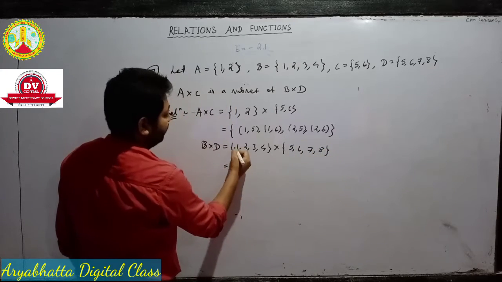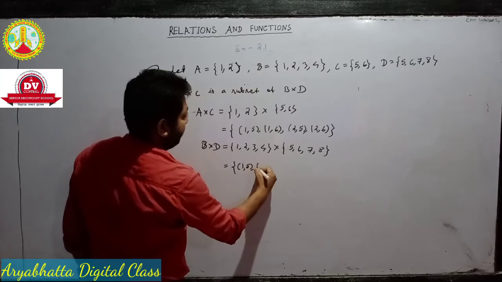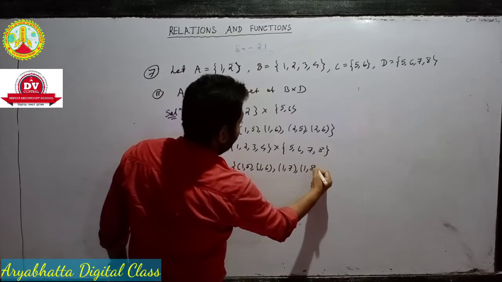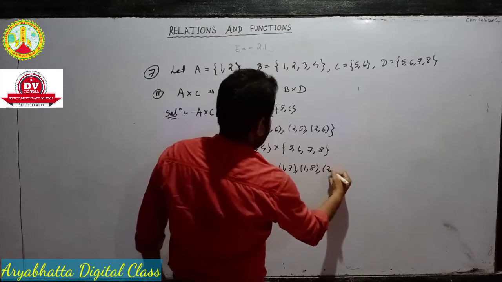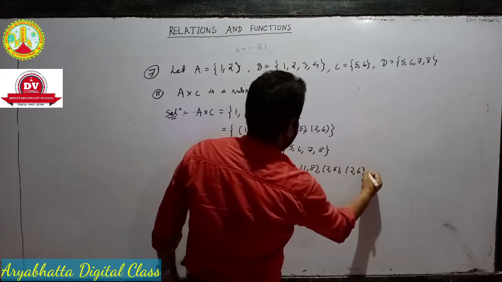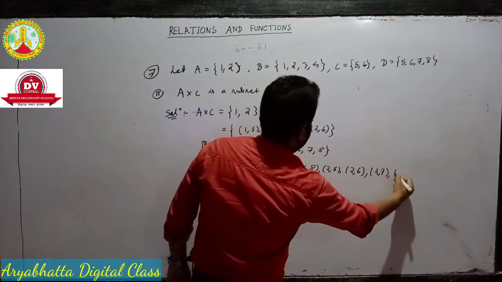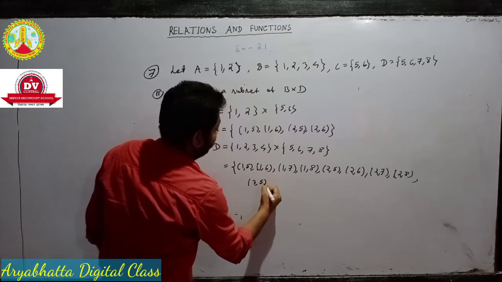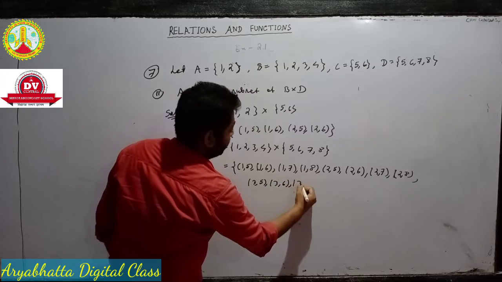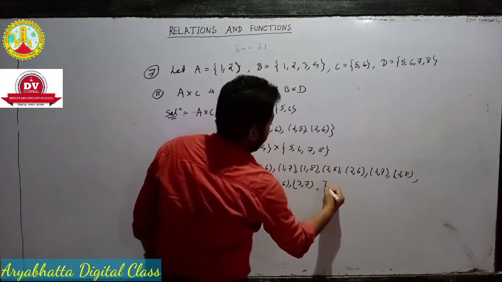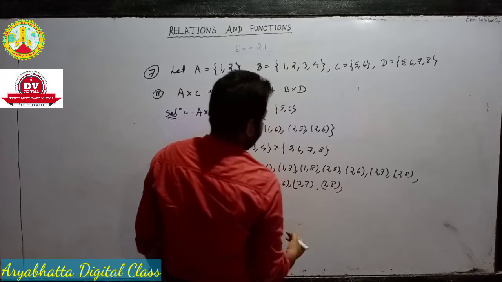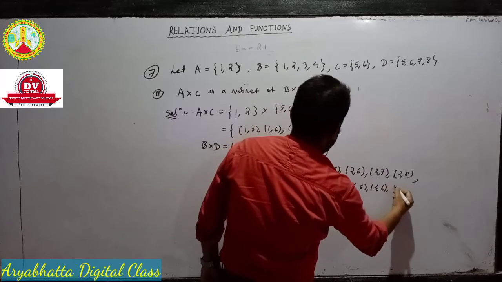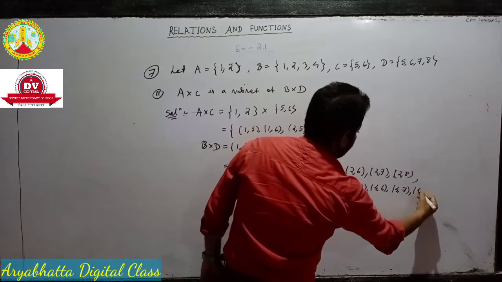This is equal to (1, 5), (1, 6), (1, 7), (1, 8), (2, 5), (2, 6), (2, 7), (2, 8), next (3, 5), (3, 6), (3, 7), (3, 8), next (4, 5), (4, 6), (4, 7), (4, 8).